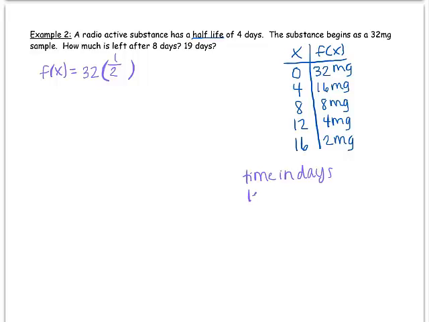So I also have to take into account the length of the half-life. So we'll call x the time in days, and we'll use the letter n for the length of the half-life. So I'm going to multiply this 32 by a half every multiple of 4. So I need to take the total time that I'm looking at and divide it by the length of the half-life.